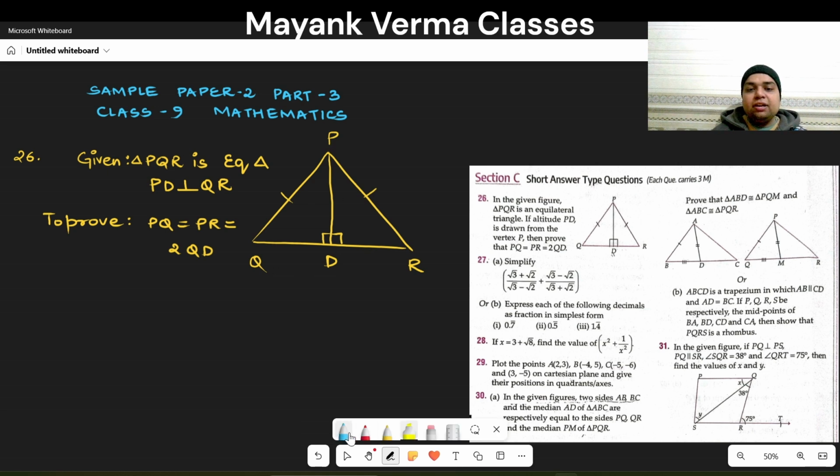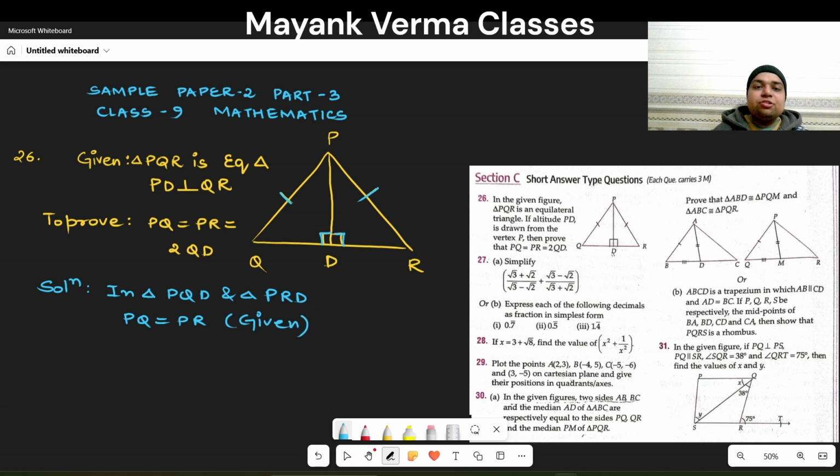Okay, so let's do that. So solution. So we will say in triangle PQD and triangle PRD, I know that PQ is equal to PR. PQ is equal to PR. You can say given because it is an equilateral triangle.